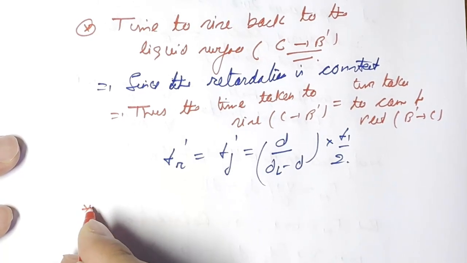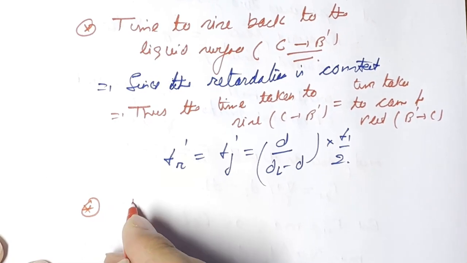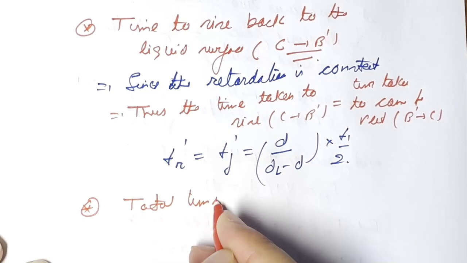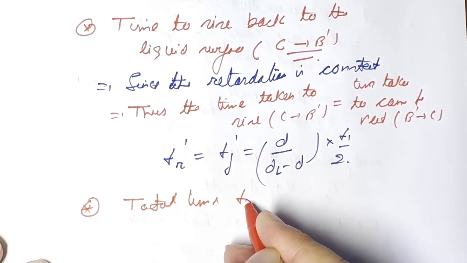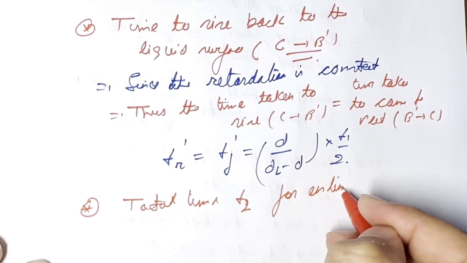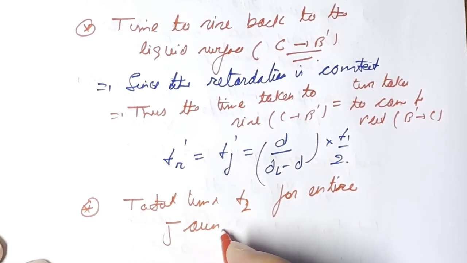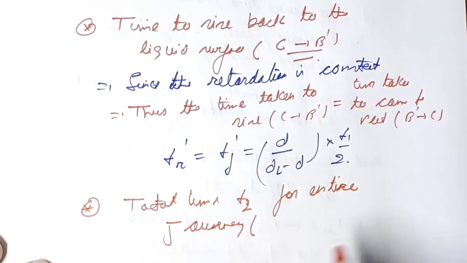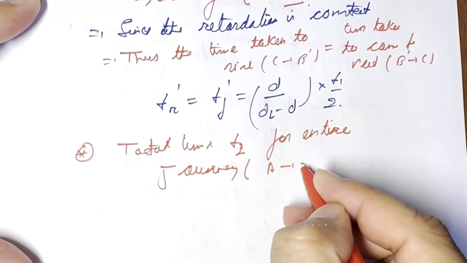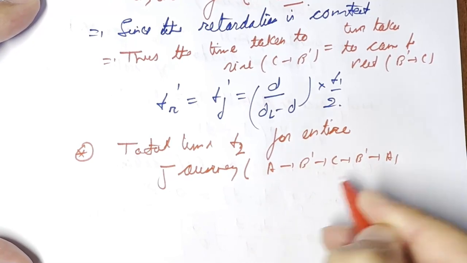Here the entire journey means A to B prime to C, C to B prime and back to A.